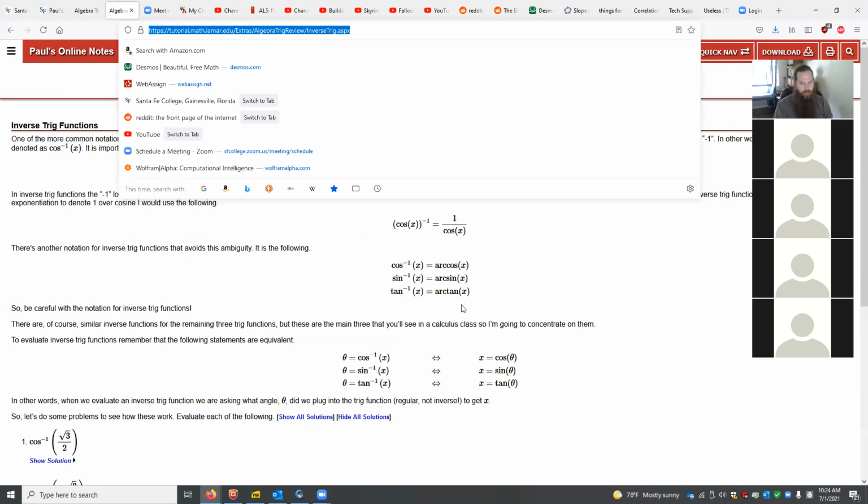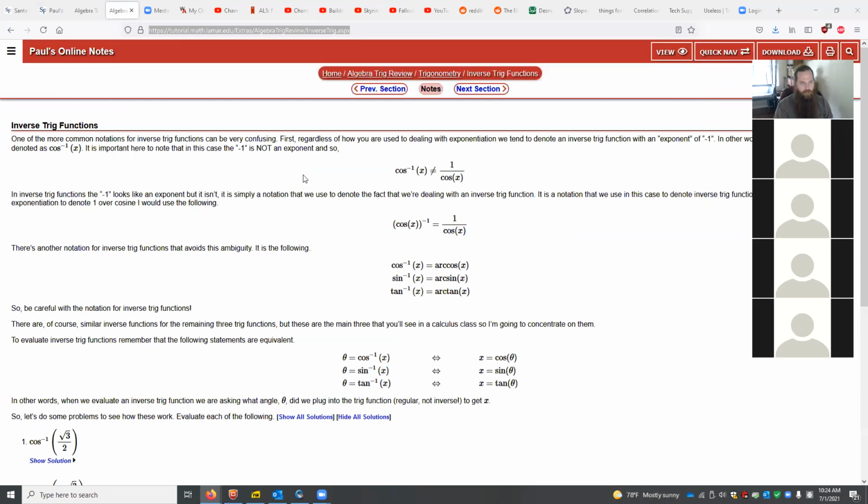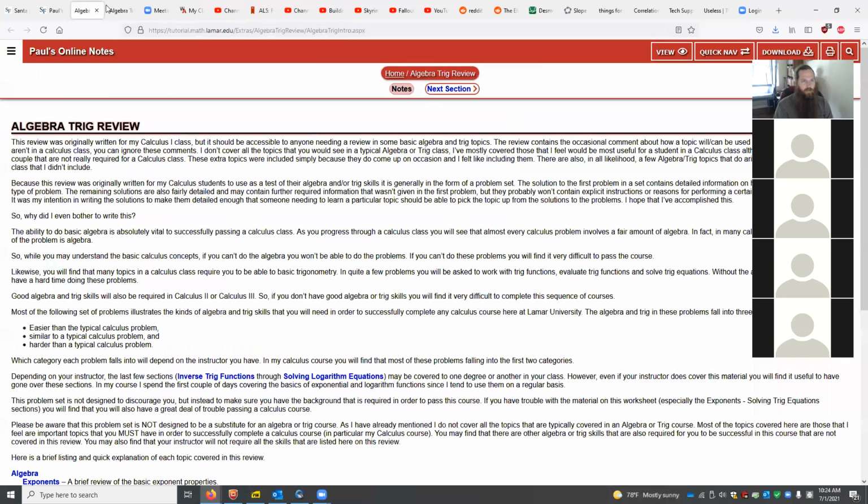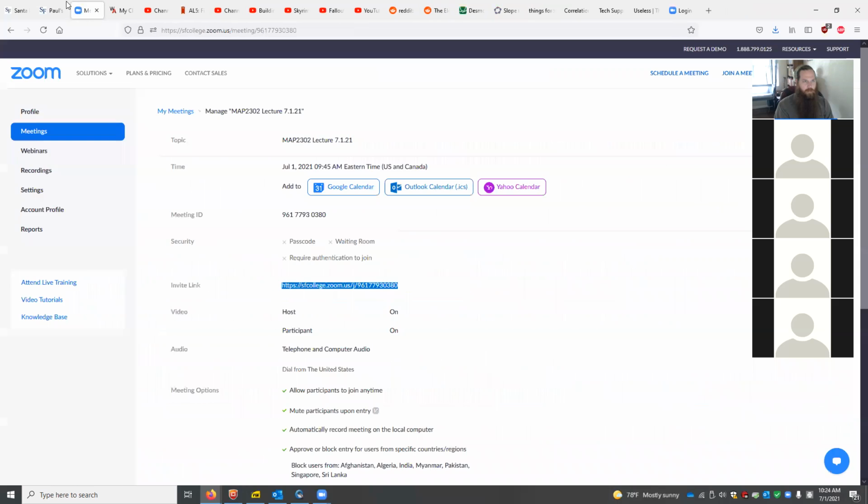If you're rusty on inverse trig and you need to remind yourself the definitions, domain restrictions, please check out the thing I just sent you in chat, which is this page from Paul's online notes. It's very good. The more general algebra and trig review page is also quite good.